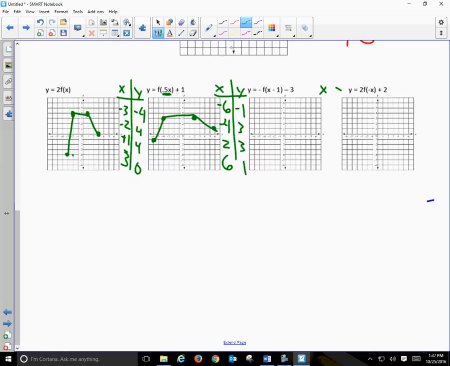Okay, what do I have going on here? Vertical shift and a vertical flip. Yep, very good. So you need to apply these in accordance with order of operations.